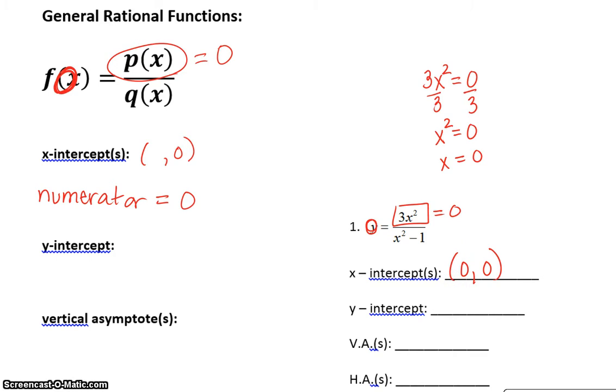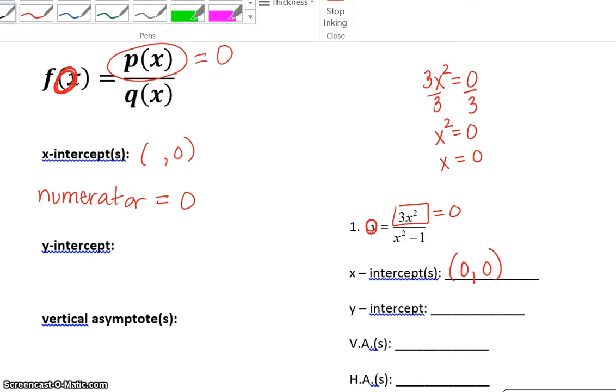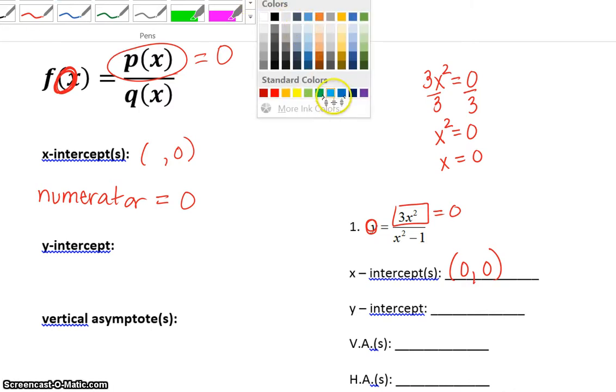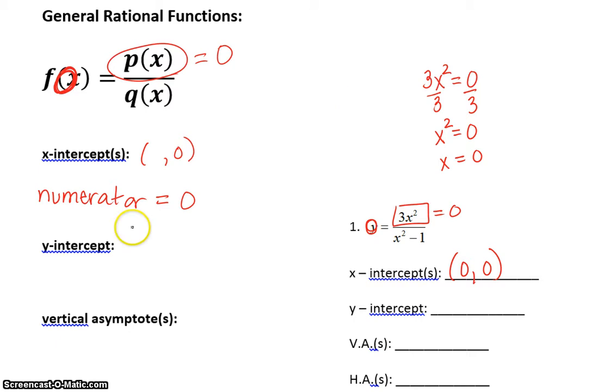All right, then we have the y-intercept, and the y-intercept is when x equals 0. Okay, so all we're going to do there is just let x equal 0, and we're going to find the point (0, something). Hopefully on number 1 here you see already that if you plug in 0 for x, you're going to get 0 for y because we already found that point once.